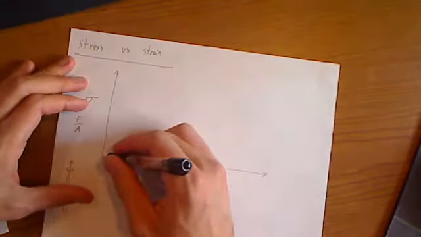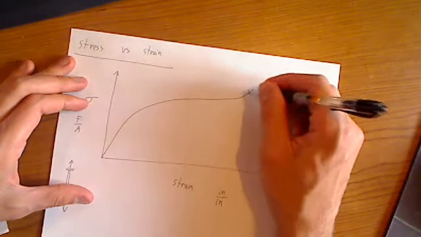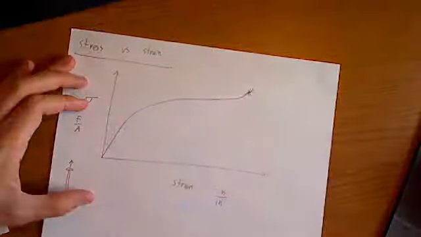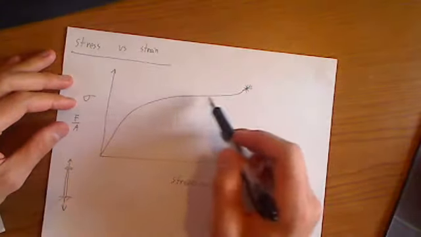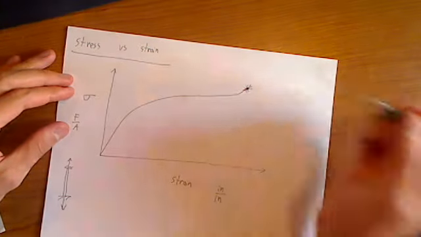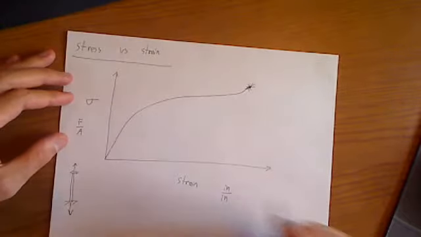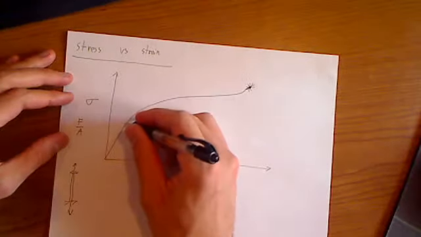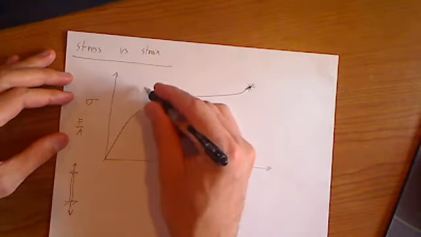You will typically get a diagram that looks something like this. So some steel, you pull on it, it actually starts to stretch at some point, and at some point it just can't take any more and it breaks. So let's look at some critical portions of this graph. There's a linear region in here where this is perfectly straight.